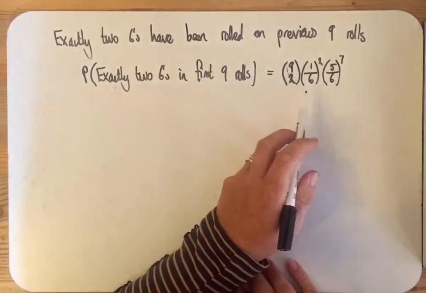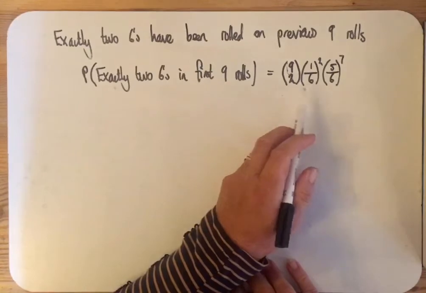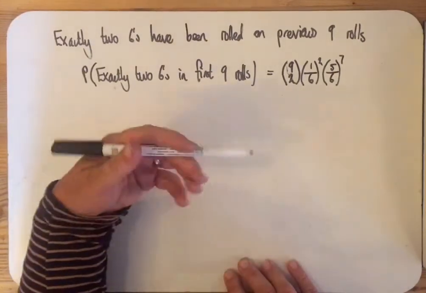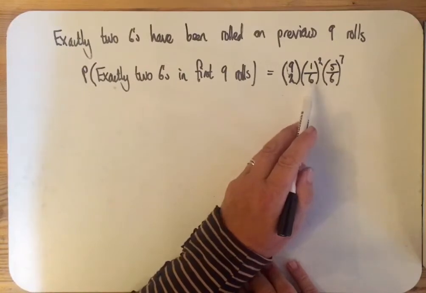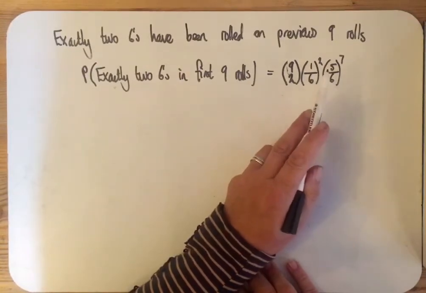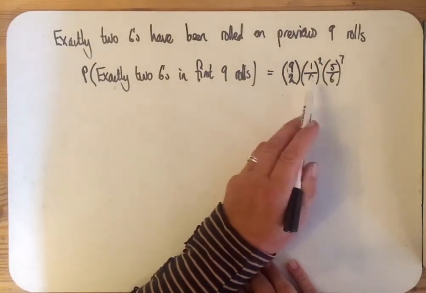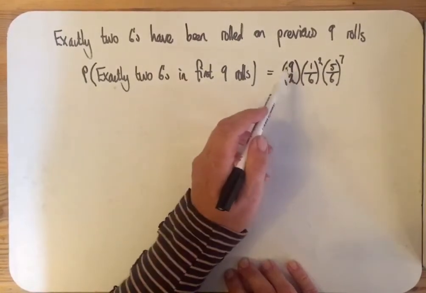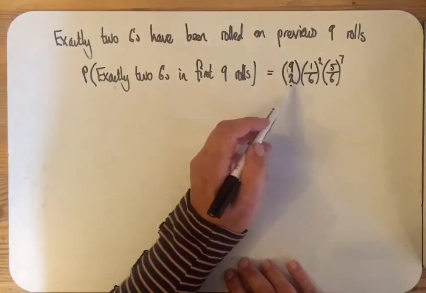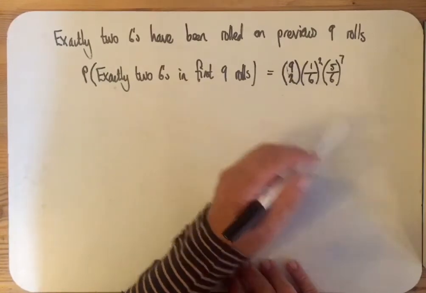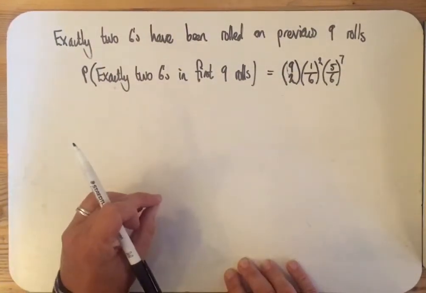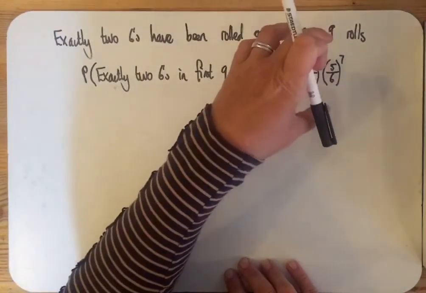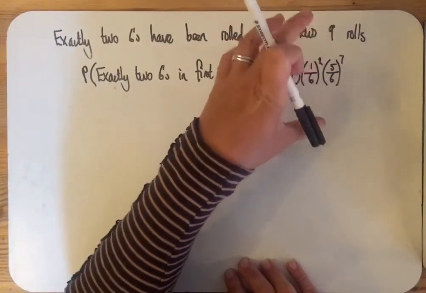So this is the formula for the binomial distribution. If you're not sure about that, I can go over that separately with you, just let me know. But basically we've had a 6 and a 6 and not a 6, 7 times. So you multiply those together, and this gives you the number of ways those 2 sixes can occur in the first 9 trials. If you want to understand that a bit better, just let me know and I'll go over it with you.